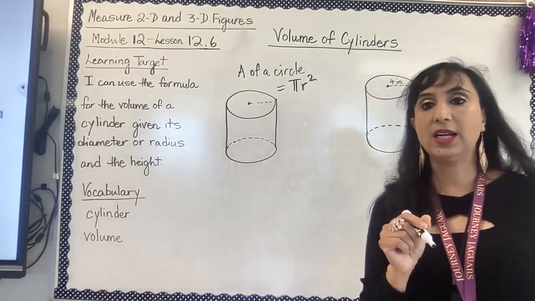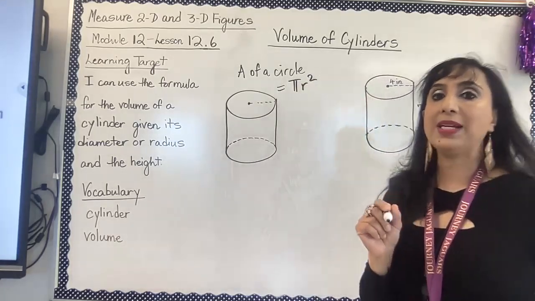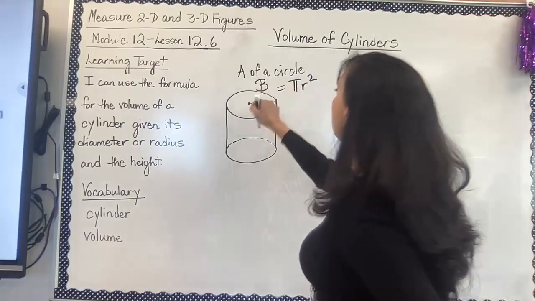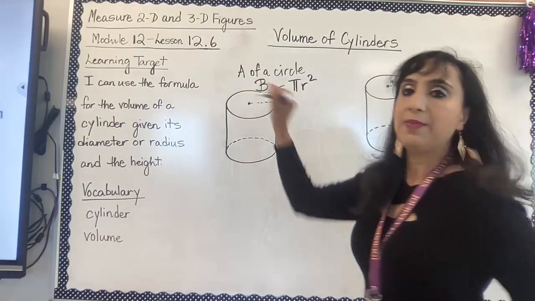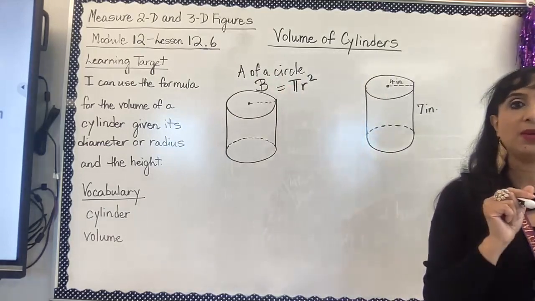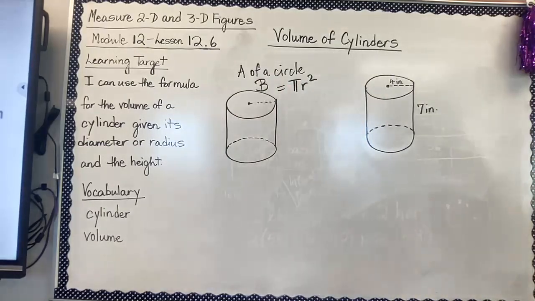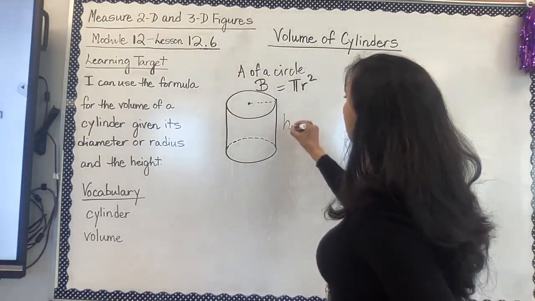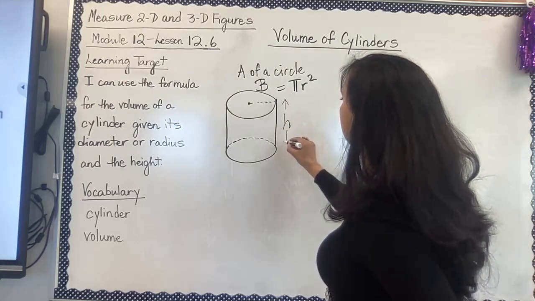And we've already learned how to do this, but we can also call this B, because B means the area of the base. And then we have the height, which is this part.